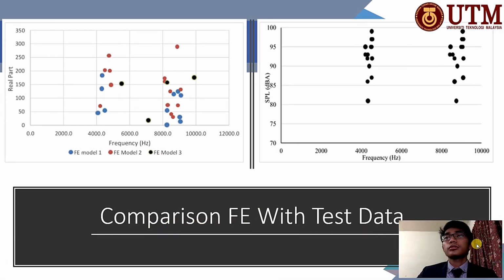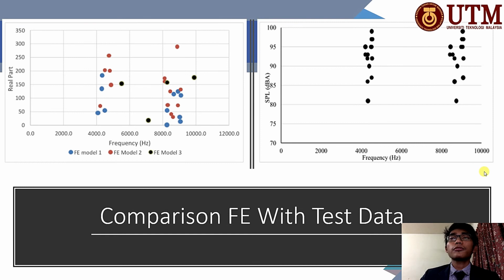So, the results of the FE models will be compared with the test data from Satya 2020. This comparison is done to validate the FE model, so that we can know whether the model is accurate or not with the brake model.